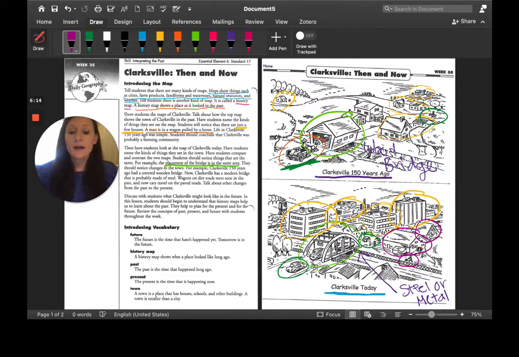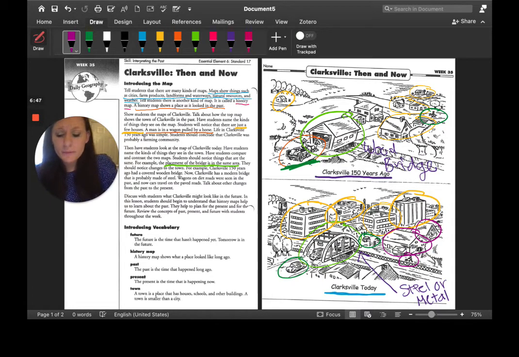We may have buildings that are better about protecting the environment and saving resources. As students right now, we even need to be thinking about our future, and how we can take what we had in the past and what we have now to help make our lives better, or maybe even easier, in the future.